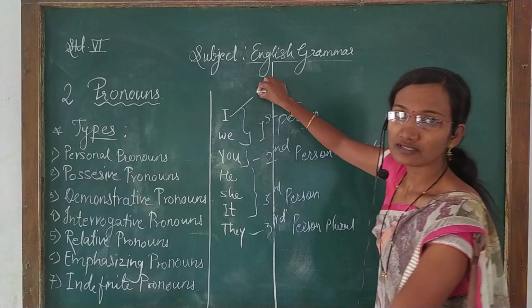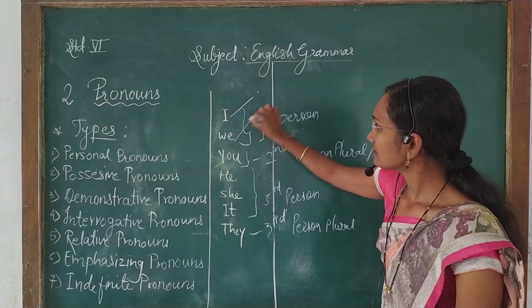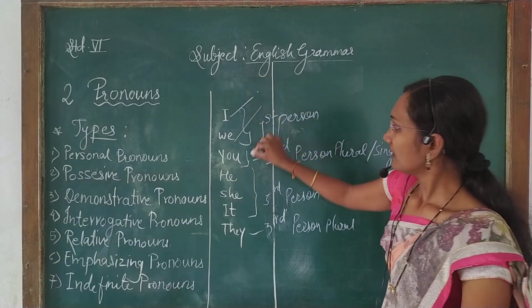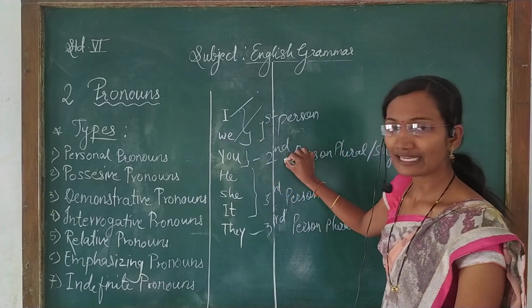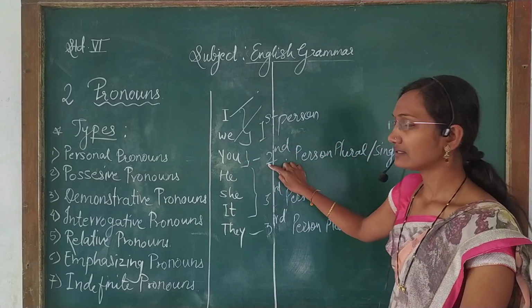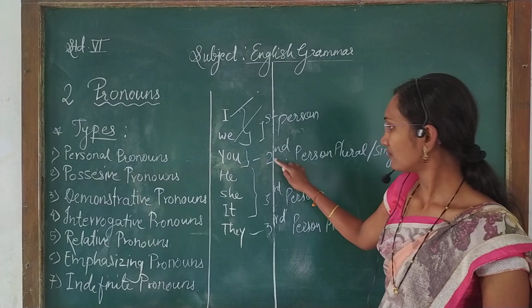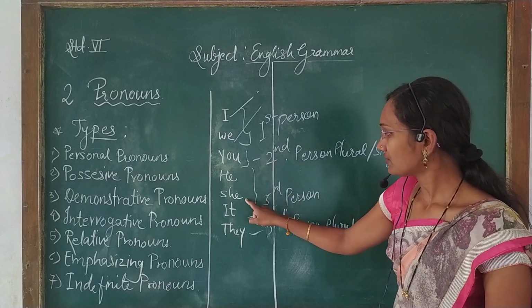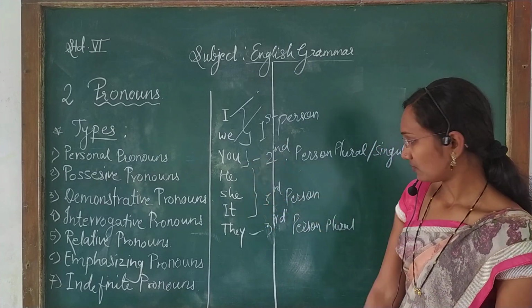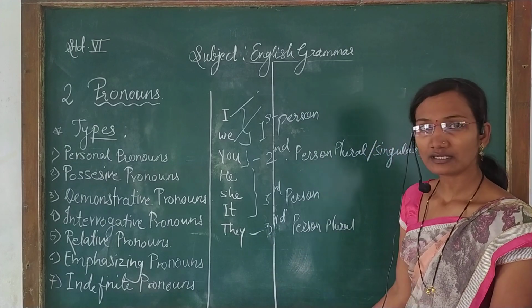This is first person singular. This is first person plural. Then this is second person. It is singular as well as plural; for both we use you. Then he, she, it is third person singular, and they is third person plural.